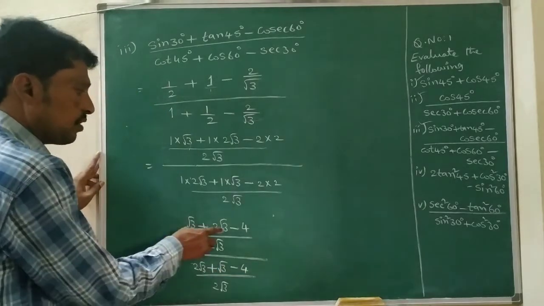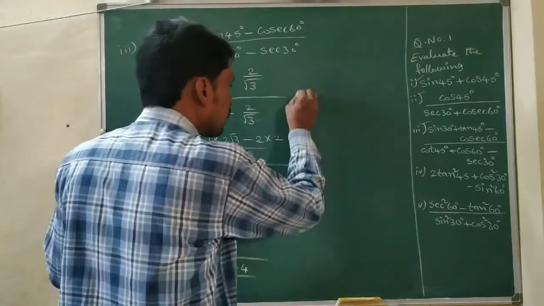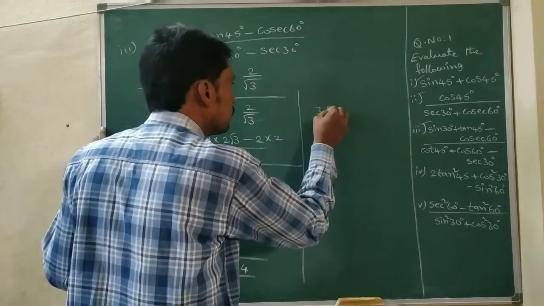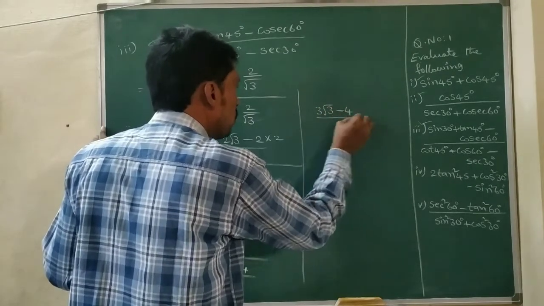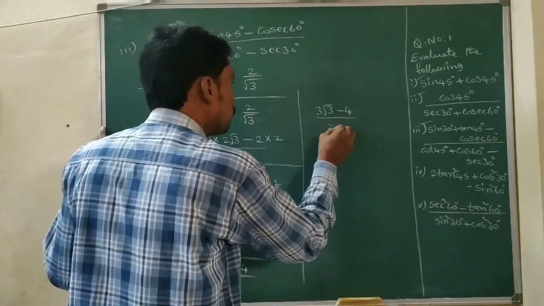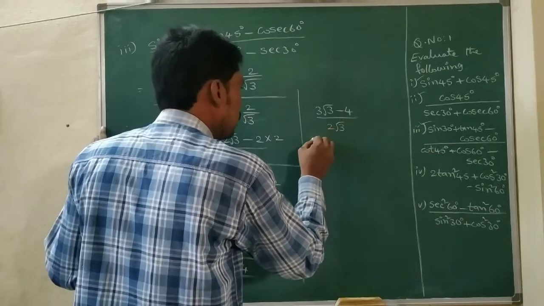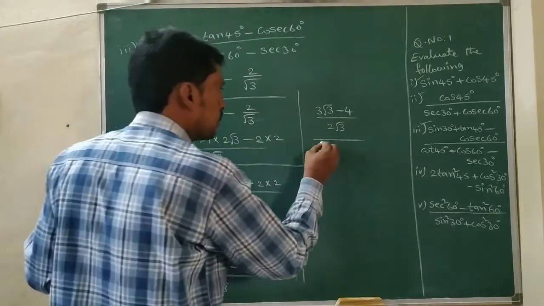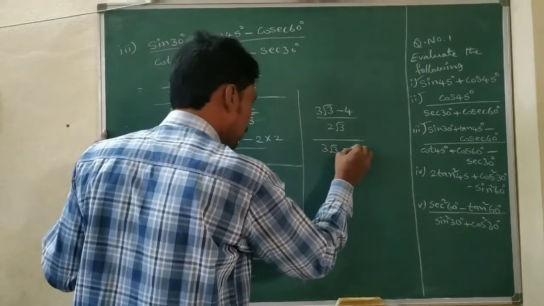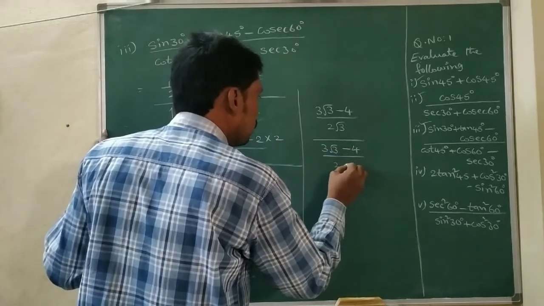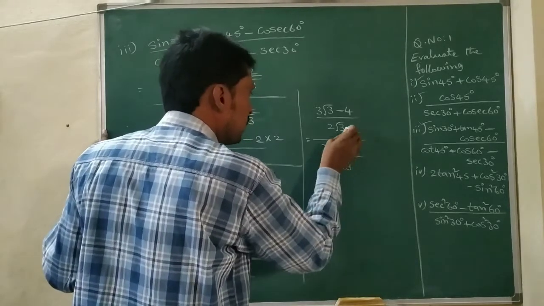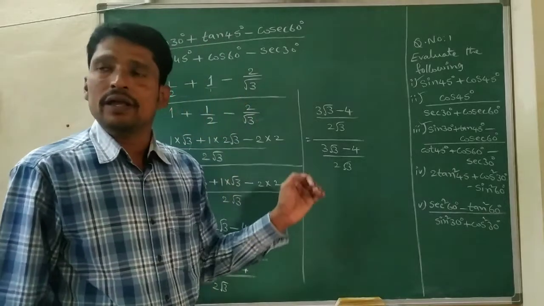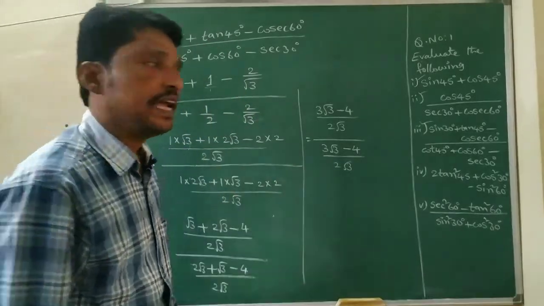Now root 3 plus 2 root 3 that is 3 root 3 minus 4 whole by 2 root 3. So here it is of the form A by B by C by D means we need to take AD by BC.